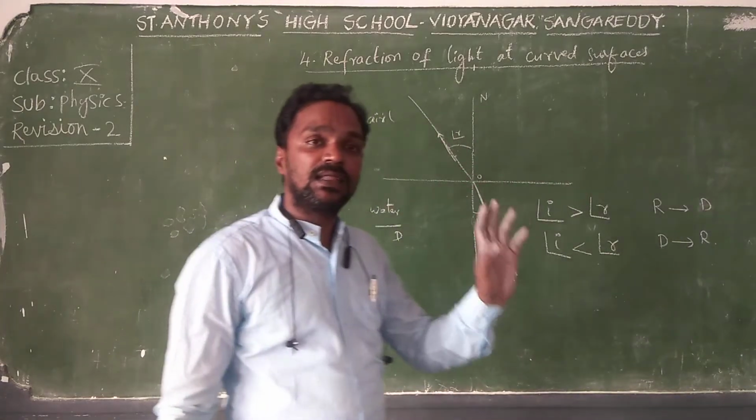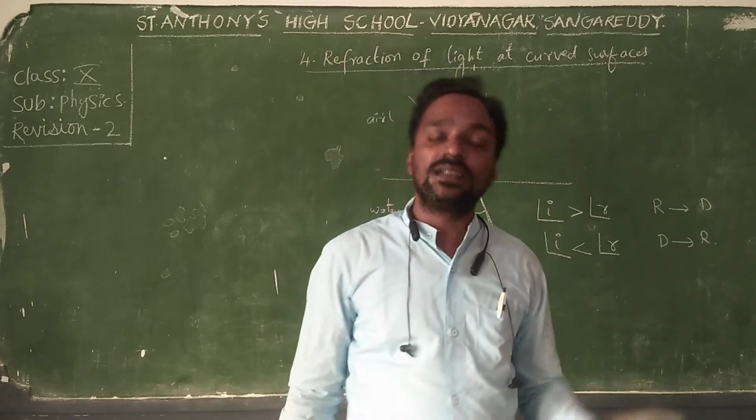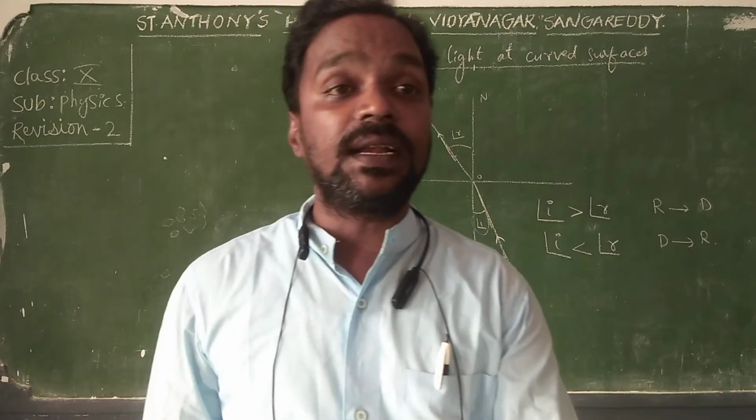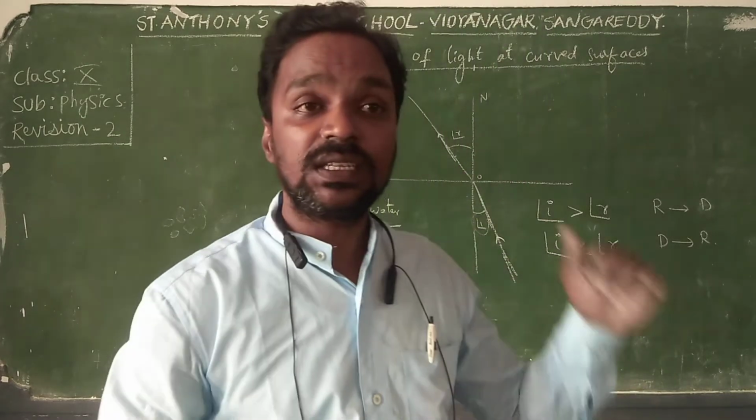Is this happening in the case of spherical mirrors also? That is the question. Yes, this is happening. For that, the textbook has given some diagrams of curved surfaces showing which is the rarer medium.